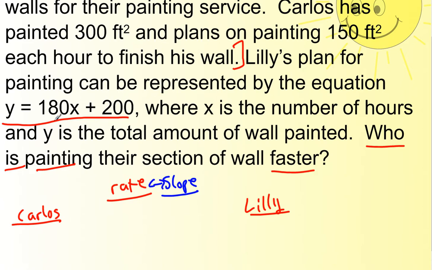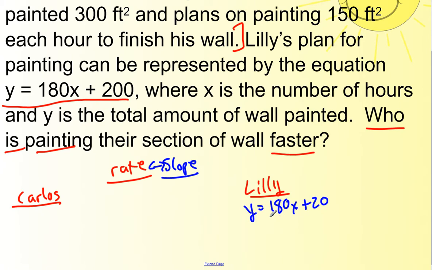Based off Lily's equation, which was y equals 180x plus 20, her rate of change, her slope, was 180. That's how fast she's working based off her equation.